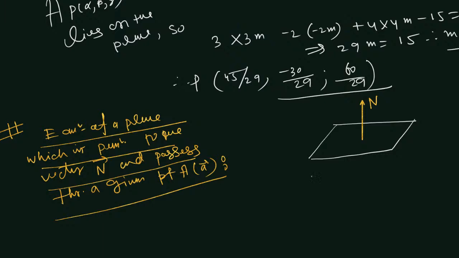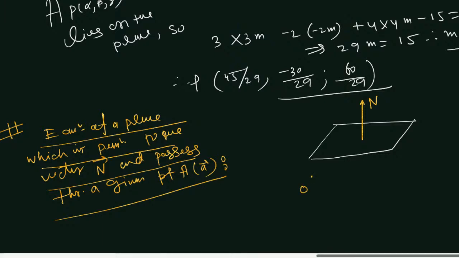This be our origin. And an arbitrary point on the plane is A. That is given. OA. Okay? O to A we have done.